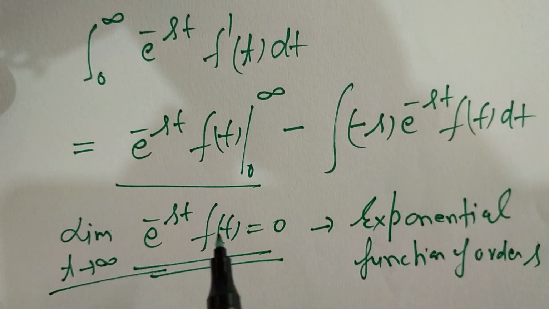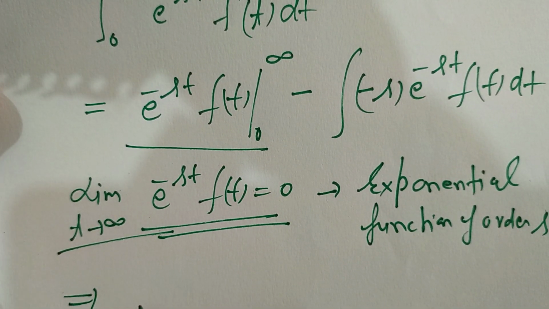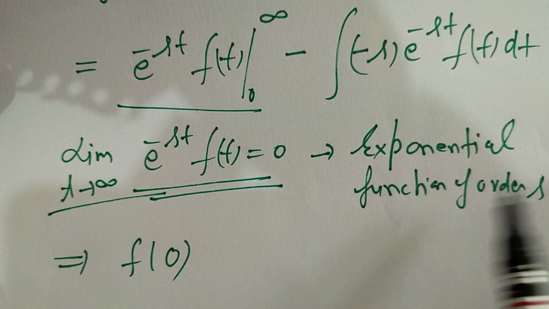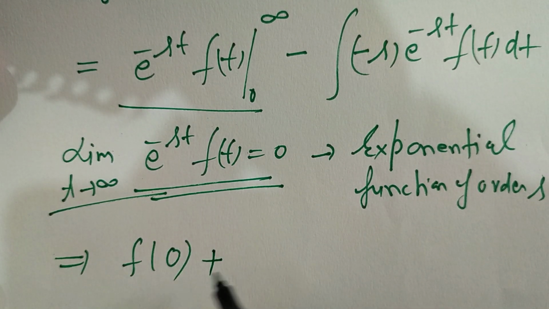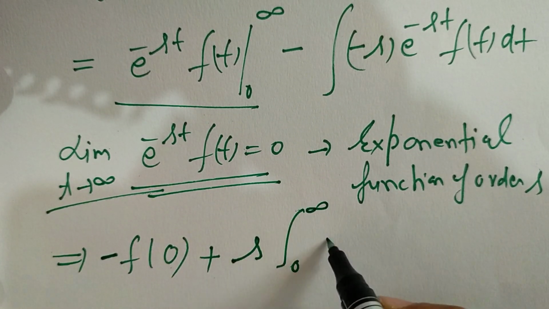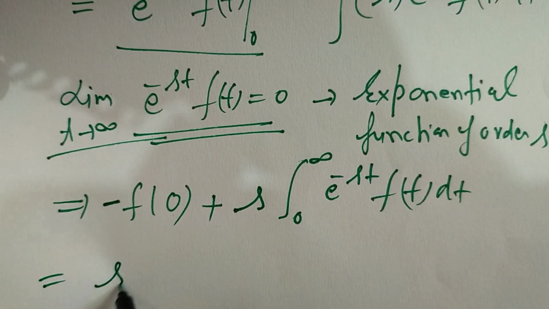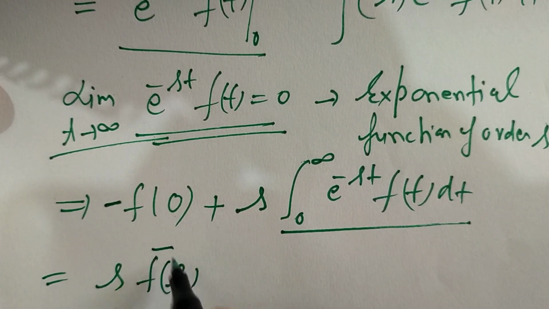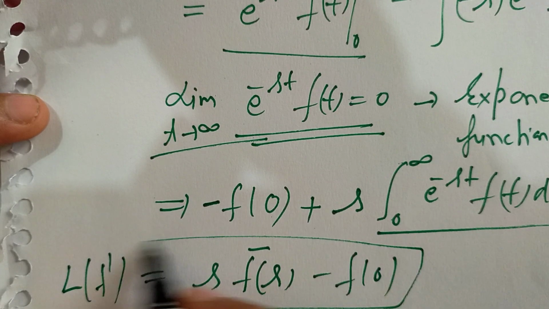So the upper limit is 0, and at the lower limit we get minus f(0), plus s times integral 0 to infinity e power minus st f(t) dt. This will be Laplace of f(t), so I can write s F(s) minus f(0). This is your Laplace of f dash.